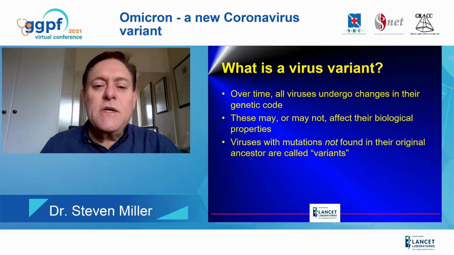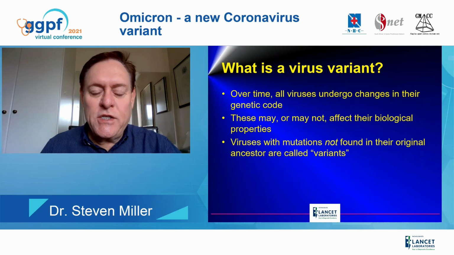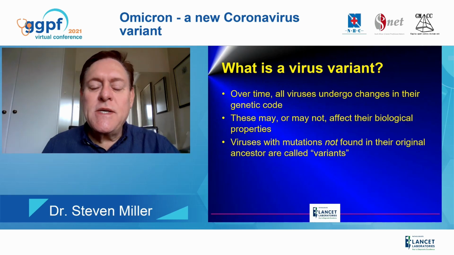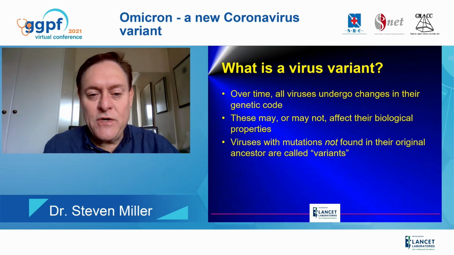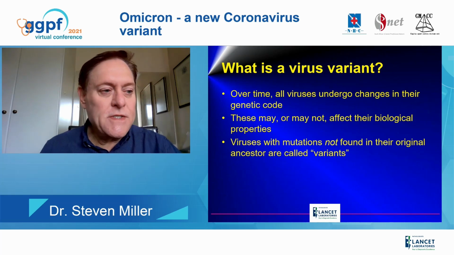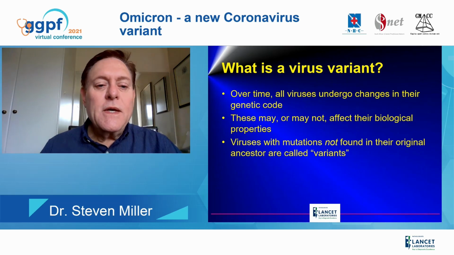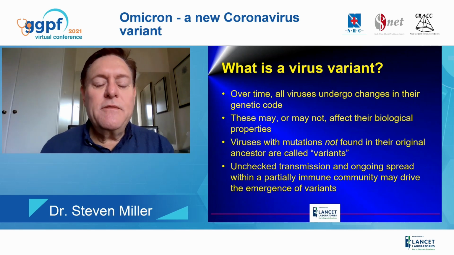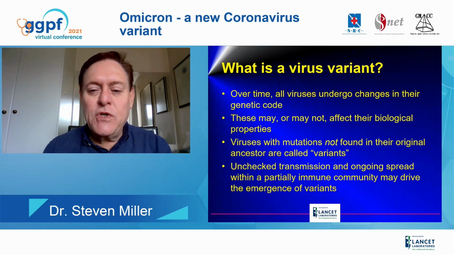Those viruses which undergo these changes, which we also call mutations, and which have changes or mutations that were not found in the original ancestor virus, we call variants. So over time, we expect to see variants of viruses emerging.